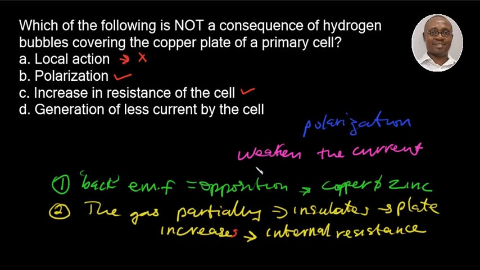Yes, we mentioned that it weakens the current, thereby the current quickly fades to a very small value. Alright, so this is also a consequence of hydrogen bubbles covering the copper plate of a primary cell or simple cell. So option A is the right answer.